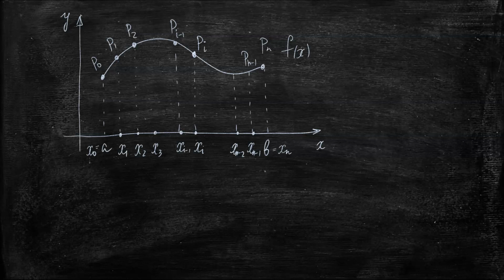And the goal is to find the length of the curve, but we're going to approximate that length with the sum of individual lengths. So we're going to sum i from 1 to n, and the total length will be equal to the sum of the lengths of each of those line segments.